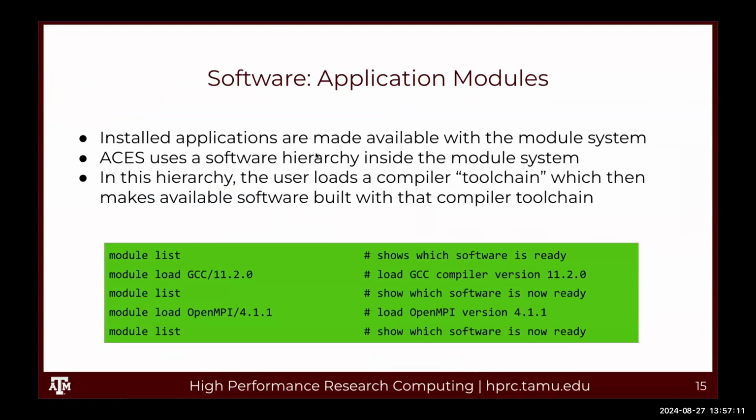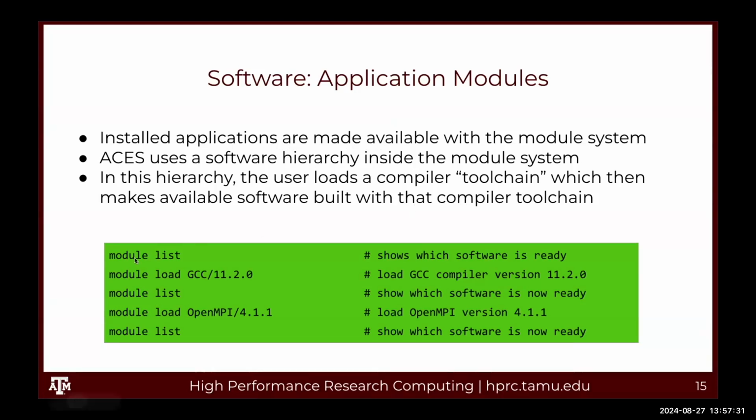The installed applications are made available with the module system, and ACES uses a software hierarchy inside the module system. In this hierarchy, the user loads a compiler toolchain, which then makes available software built with that compiler toolchain.